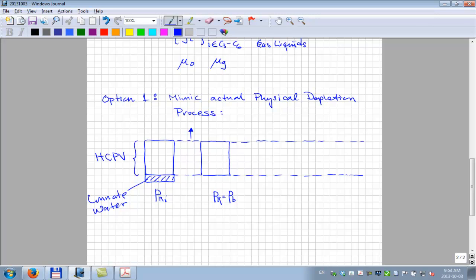But the assumption of hydrocarbon pore volume being constant is not quite right because of the compressibility of the rock. I'm going to exaggerate, the pore volume is getting smaller, pore compressibility, and that water volume we think is going to expand, and that's a correct assumption.